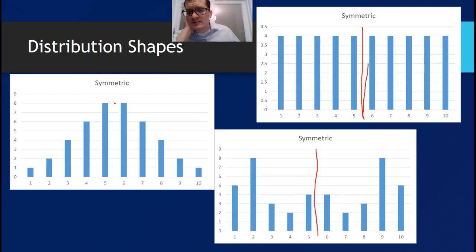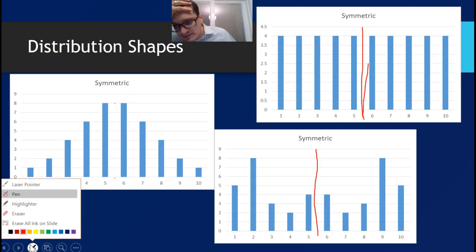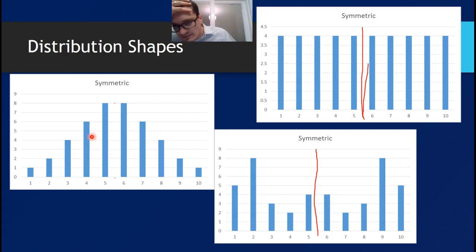Now this last one, you can see the line is here to here. So we see a symmetric distribution here.